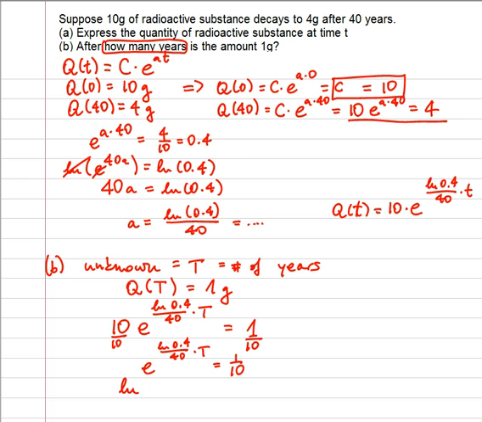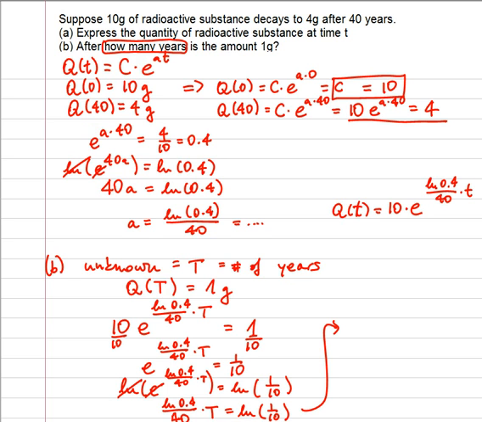So ln of e to the ln 0.4 divided by 40 times t equals ln 1 over 10. The logarithm and the exponential go away with each other, and we're left with ln 0.4 divided by 40 times t equals ln 1 over 10.